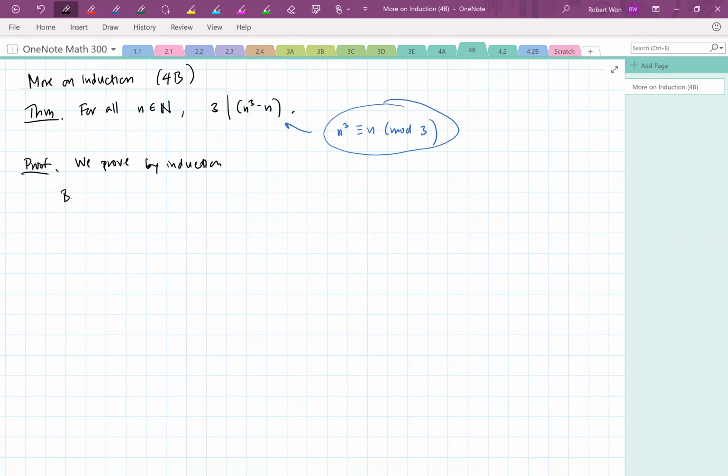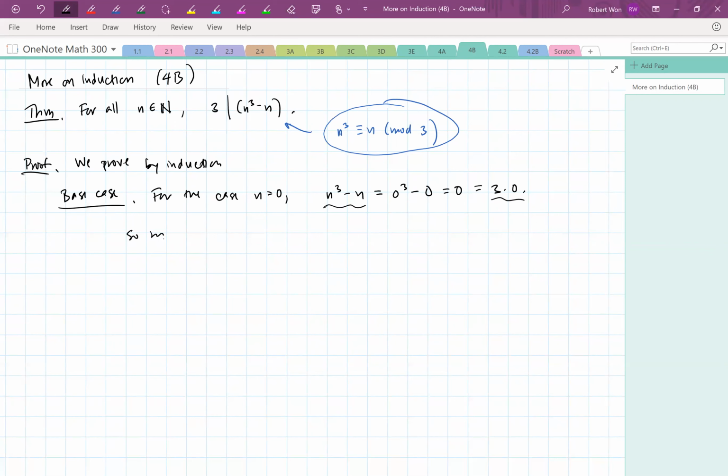Okay, so first we do a base case, and here it's for all natural numbers n, which means that the base case is 0. So for the case n equals 0, n cubed minus n equals 0 cubed minus 0, which is 0, which is 3 times 0. Therefore n cubed minus n is equal to 3 times something.